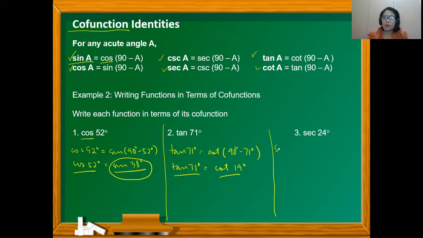Likewise, secant 24 is equal to cosecant quantity 90 minus 24. So we have secant 24 equals cosecant 66. So that's cofunction.